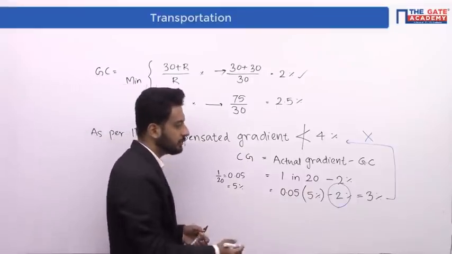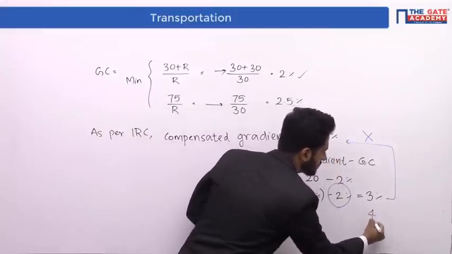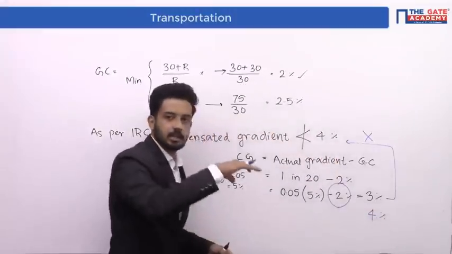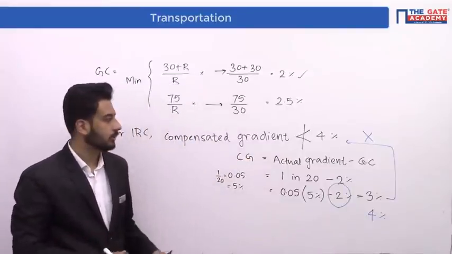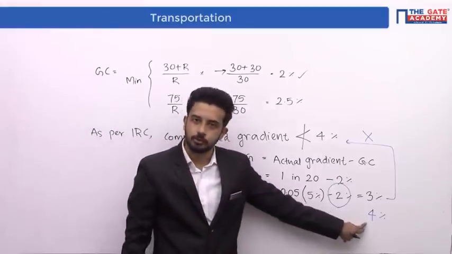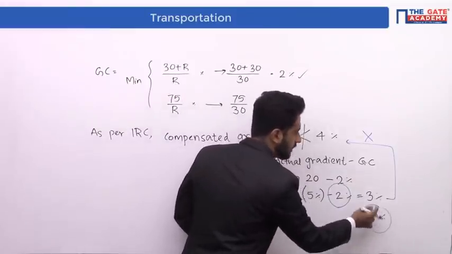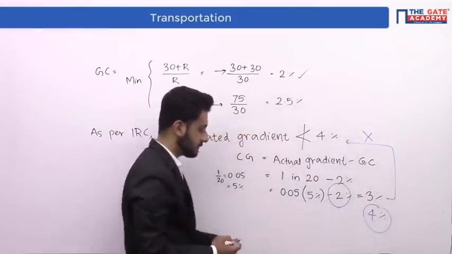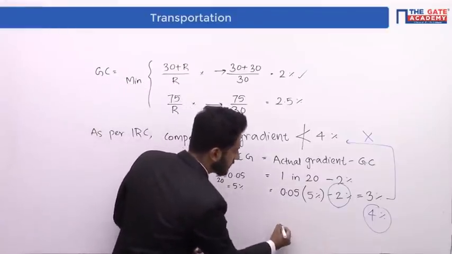So what I have to do? They told that the minimum value is 4%. Less than that, less than 4%, we can't go. The compensated gradient, the minimum value is 4%. So if I want to limit the compensated gradient as 4%, what I have to do? This 5% is fixed, correct?